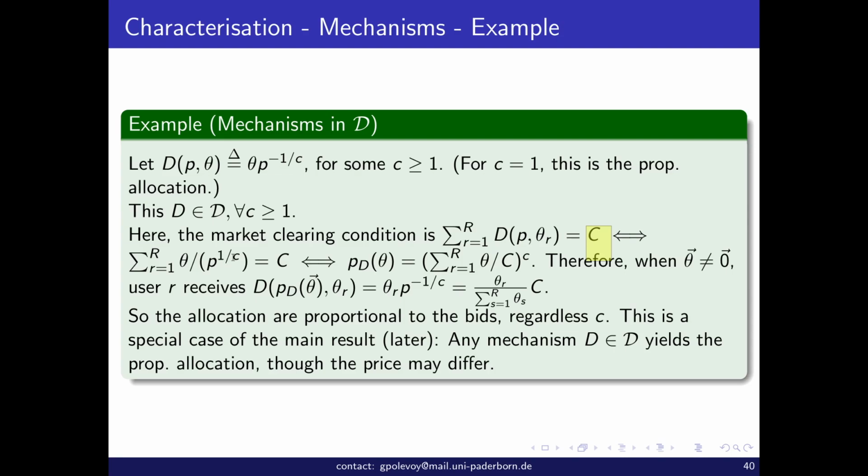And what it means exactly, if we substitute d as theta divided by p to the power of 1 over c, so we find the p, and then whenever theta is not the zero vector, so the sum is not 0, what a user receives is again theta of that user times p to the power of minus 1 over c, and we found p here.